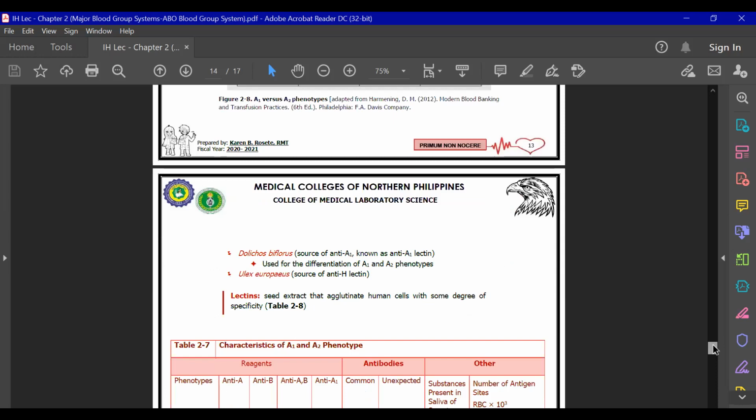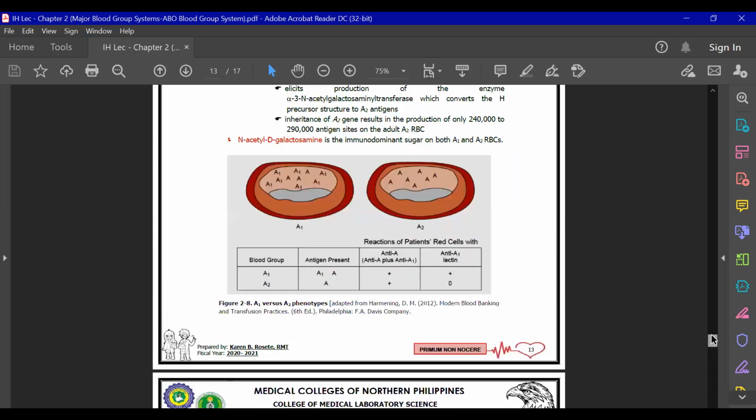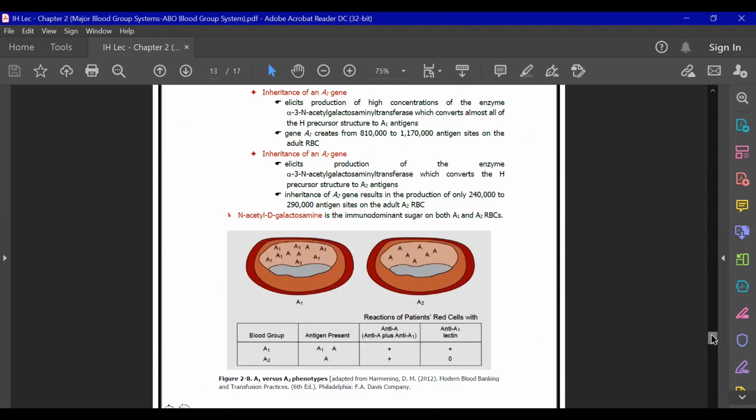Class, please add to your lecture notes another point of differentiation. For your A1 phenotype, you have branched A antigens. Branch as in branching.